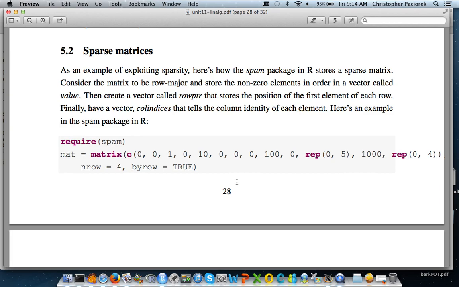And then another vector is going to be, within the vector of values, at what point each of the rows starts. So if we did that for this one, we would have the values being 1, 10, 100, 1,000. So those would be the values. And then the columns would be 3, 5, 4, 1.